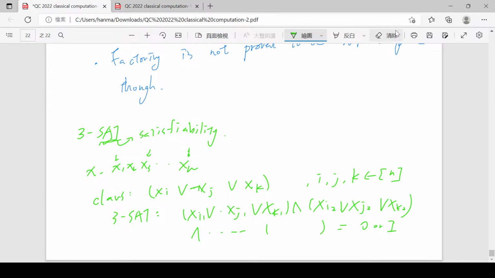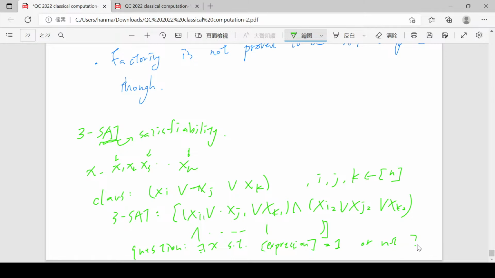So there is this instance, this very large logical expression, and the question is: does there exist x such that this expression equals 1 or not?